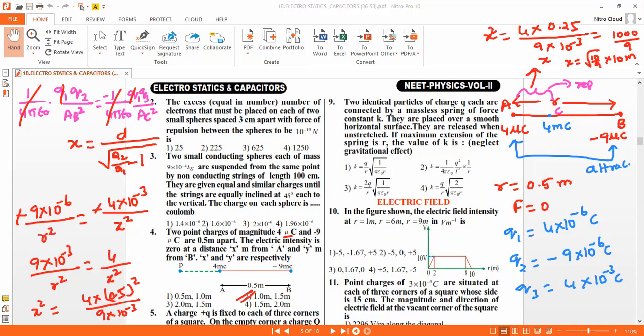If both are like charges, then it will be q2 by q1 plus 1. Here it is unlike charges, so 0.5 by 3 by 2 minus 1, that is 1 meter.